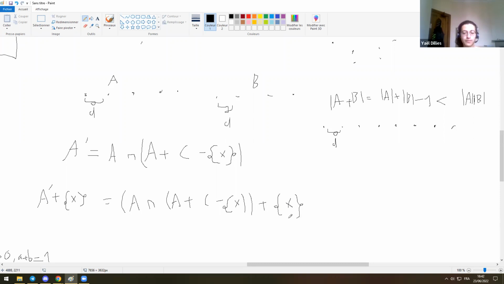Okay, so we have this plus and we have this intersection. They do not commute in general, but because this is a singleton, in an act of faith, we'll assume it does.